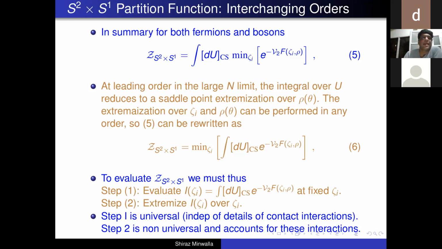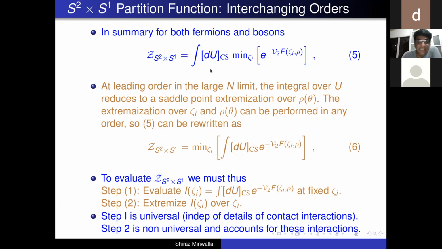Now, the thing that we integrate over is the extremization or minimization over some auxiliary variables of an off-shell free energy that depends on these auxiliary variables and on the eigenvalue density function for this holonomy matrix.